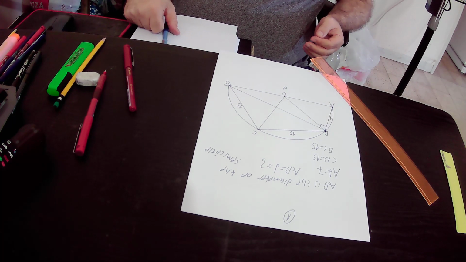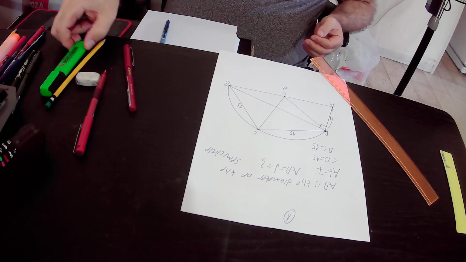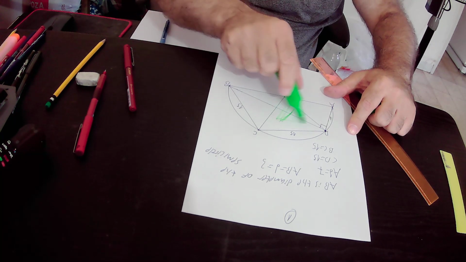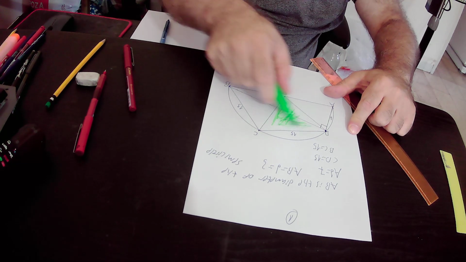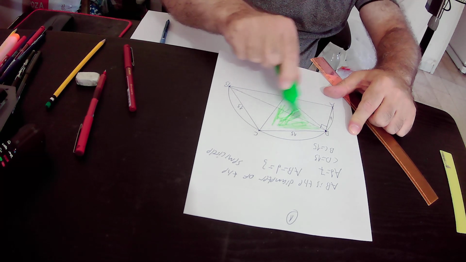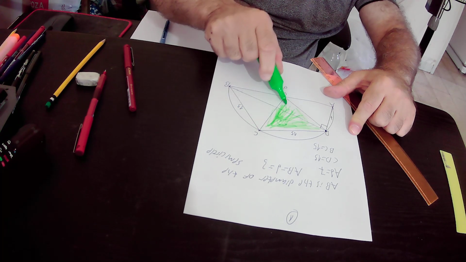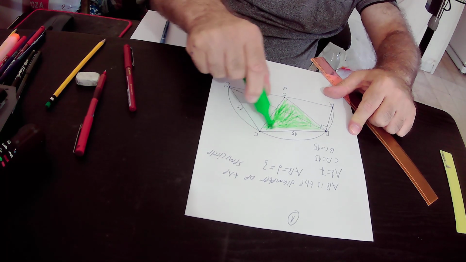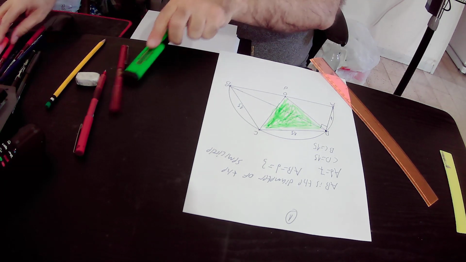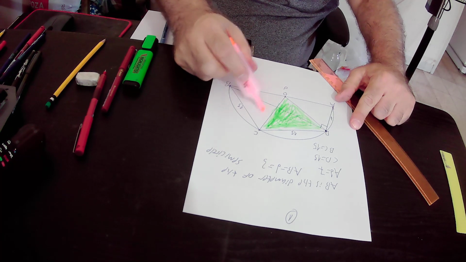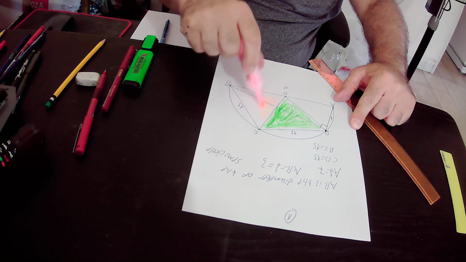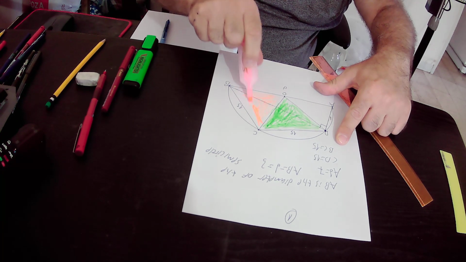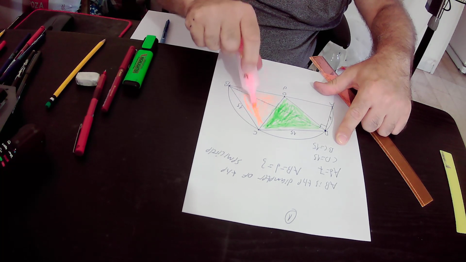We will focus on two triangles: the green triangle OCD, and the orange triangle OCB.